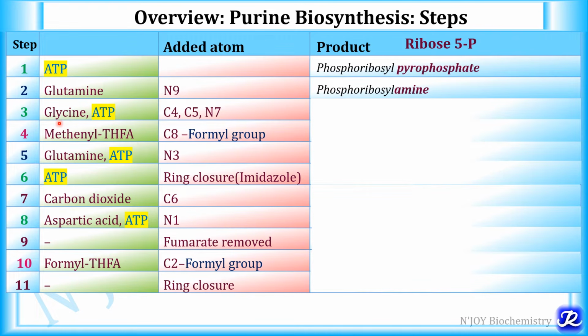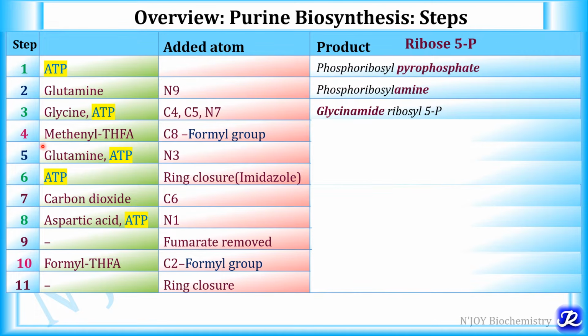In the third step, glycine and ATPs are required and this glycine is responsible for the contribution of C4, C5 and N7. So when the glycine is there, the product will become glycinamide ribosyl 5-phosphate. Why is the name glycinamide ribosyl 5-phosphate? Because in the third step, glycine is the donor which donates C4, C5 and N7, and that's why it is the glycinamide ribosyl 5-phosphate.